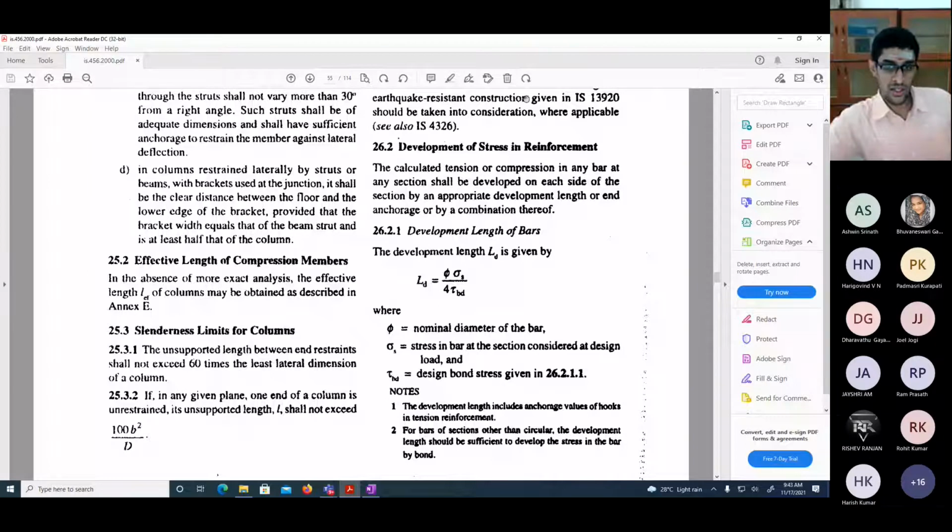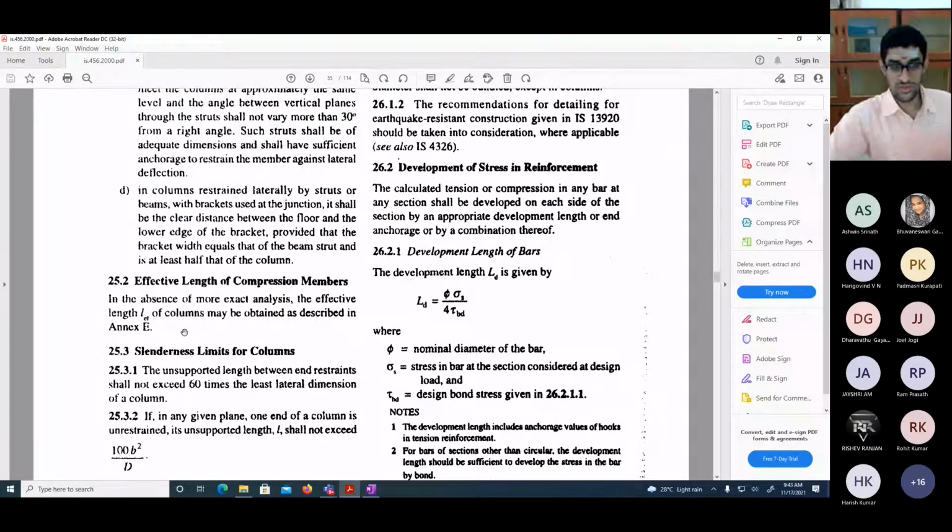Any column beyond that limit of 12, we call a slender column. There are some conditions with respect to slender columns. First, you need to know what the effective length is, because for slender columns this effective length becomes really important as compared to short columns.